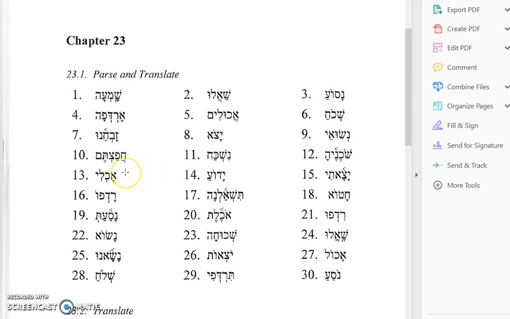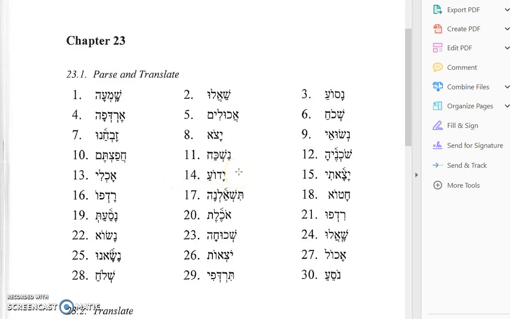Number 10, chafatztem is a Qal perfect second masculine plural, meaning you guys took pleasure in, or take pleasure in.